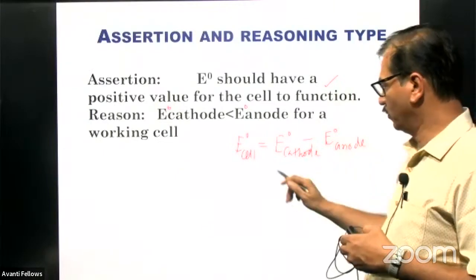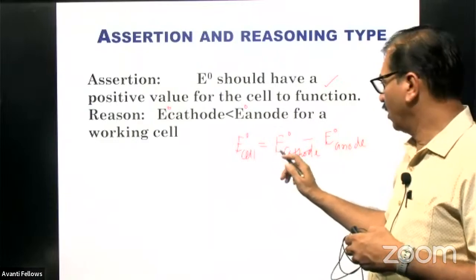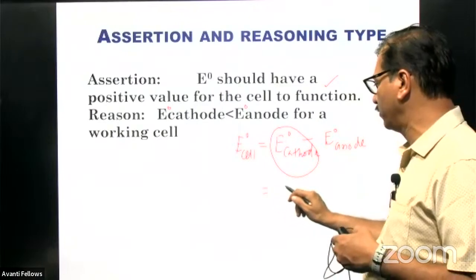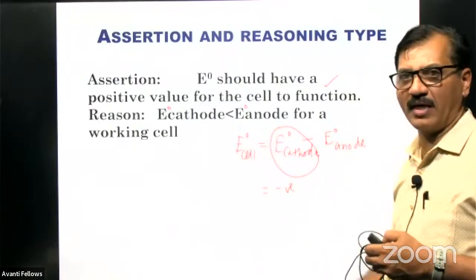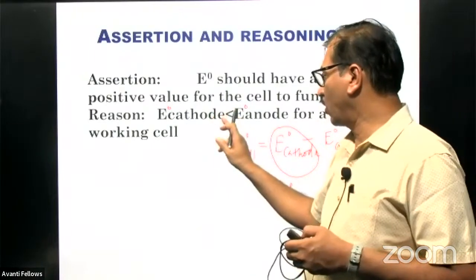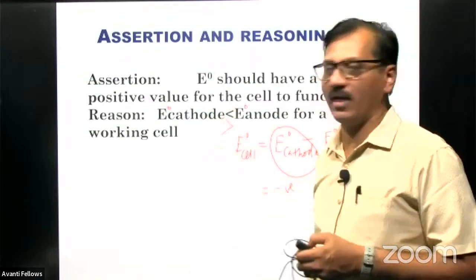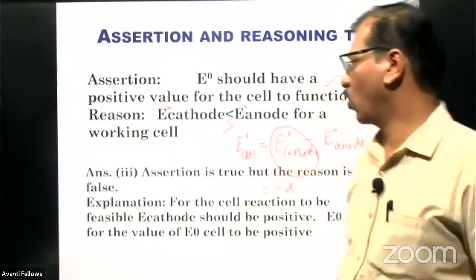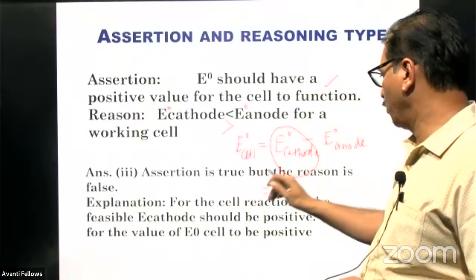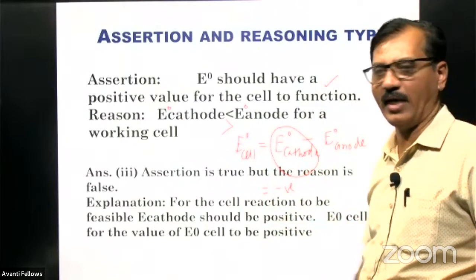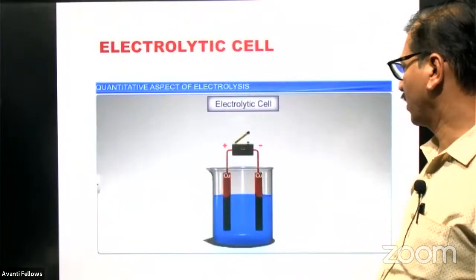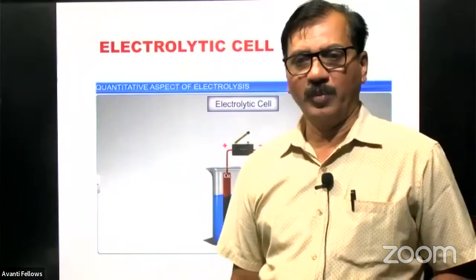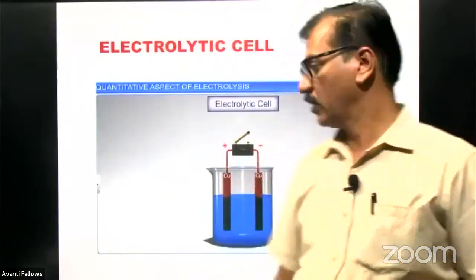So if the cathode value is smaller, then E0 of the cell becomes negative, therefore it cannot be smaller, rather it should be larger. Then the reason is a wrong statement. So the assertion is true, but the reason is false. Okay, so this is the explanation, right? These are the important things to be known in the Nernst equation.